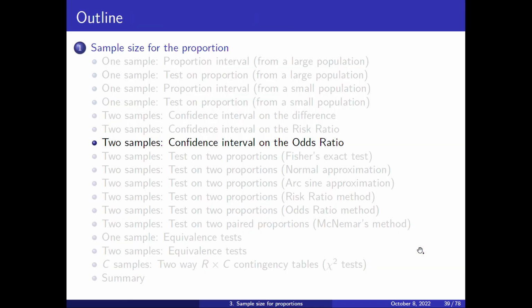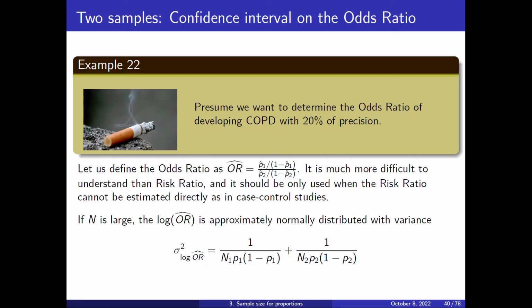Okay, so what happens if we do it with odds ratios? If we do it with odds ratios, we also want to have a confidence interval with 20% of precision. So the odds ratio is defined in this way, and again, if n is large, the logarithm of the odds ratio is normally distributed.